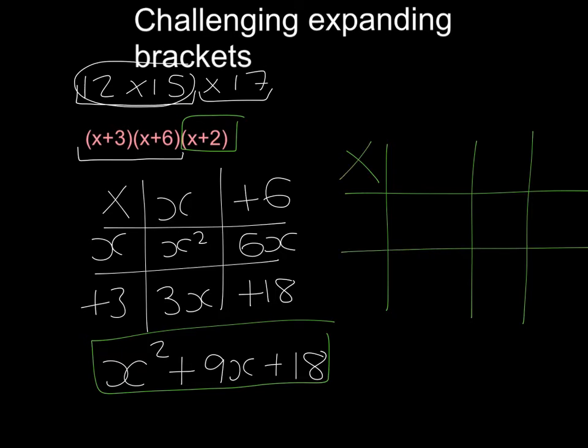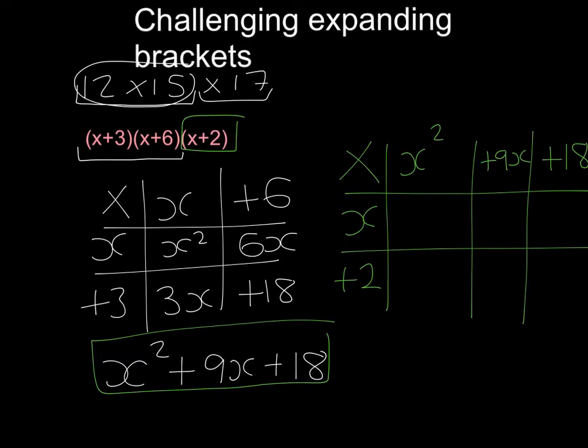Now the challenging part is setting up the grid. We've got x plus 2 being multiplied by the x squared, the 9x, and the 18. And then you just need to go ahead and complete the grid.